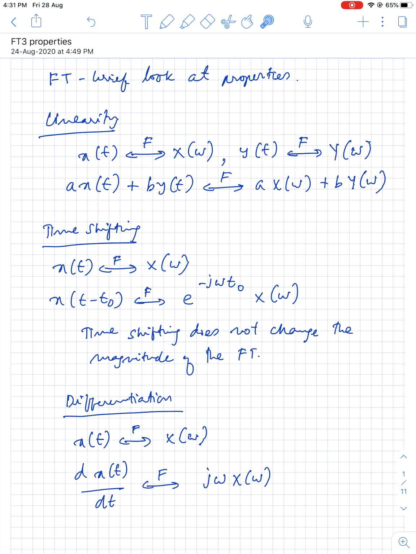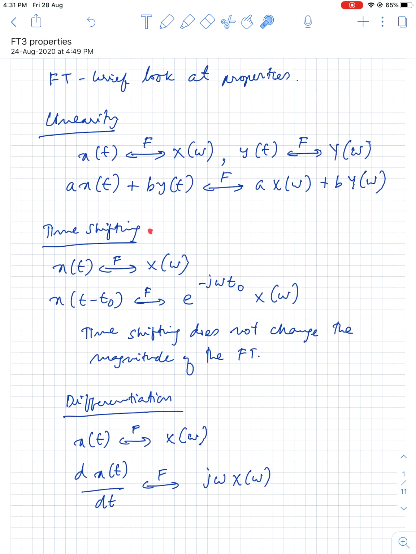Usually if you have an x of t, its transform is written as capital X of omega. If there is some symbol s of t, its transform is capital S of omega. That is the convention usually followed in various books.